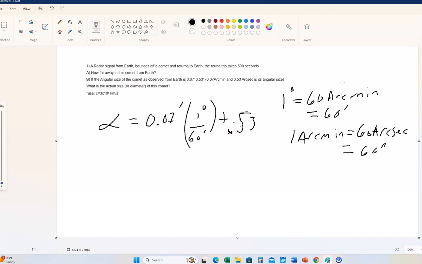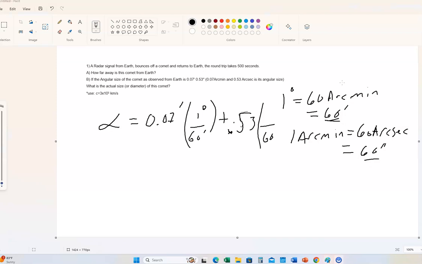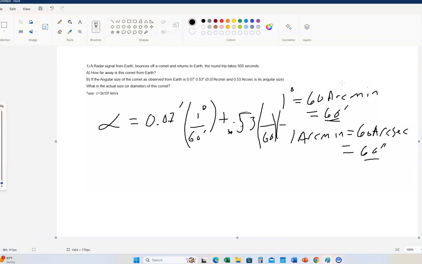To convert that into degrees, it's going to be 60 times 60. There's 60 arc minutes in 1 degree, but then there's 60 arc seconds. This is in arc seconds, so you say 60, and then you say 60 again.